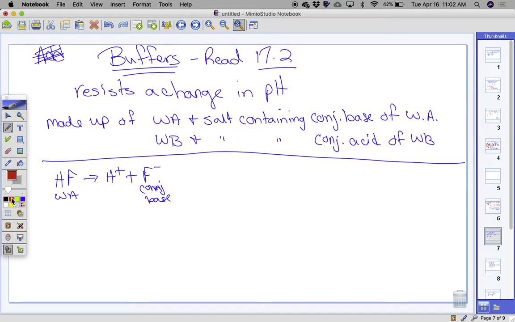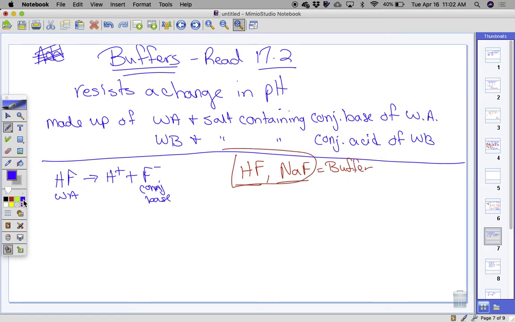So I need a solution that has the weak acid in it and a salt that contains this conjugate base. So what could that be? NaF. So if I have a solution that contains some concentration of this and some of this, I have a buffer. Okay? So a solution that contains both of those would be a buffer.